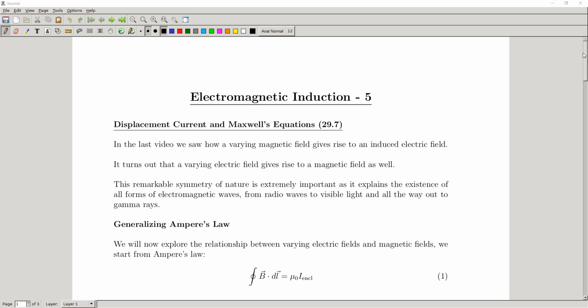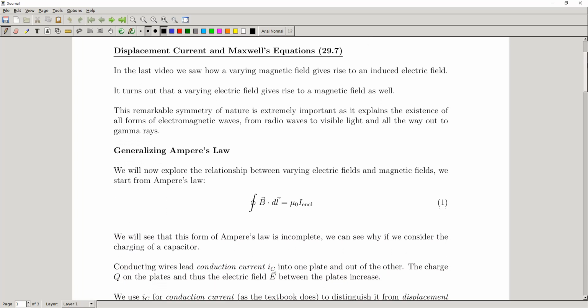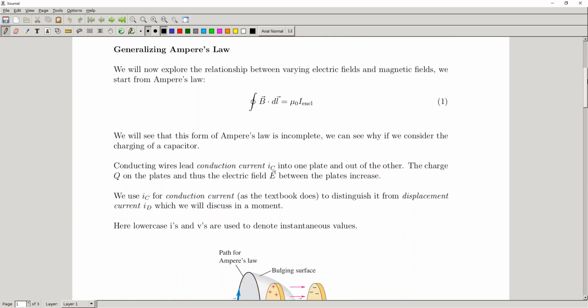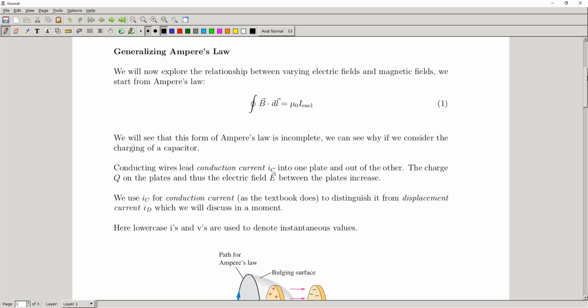Okay, and so without getting too far into this, we're going to talk a little bit more about bringing together some of these ideas when we talk about Maxwell's equations, and then more about electromagnetic waves and electromagnetic radiation in a couple of chapters if we have time to get there. But before I get caught up with all that, let's focus in on the topic at hand right now, which is displacement current. Okay, so we haven't introduced displacement current yet, and to get there, we're going to take a look at Ampere's law.